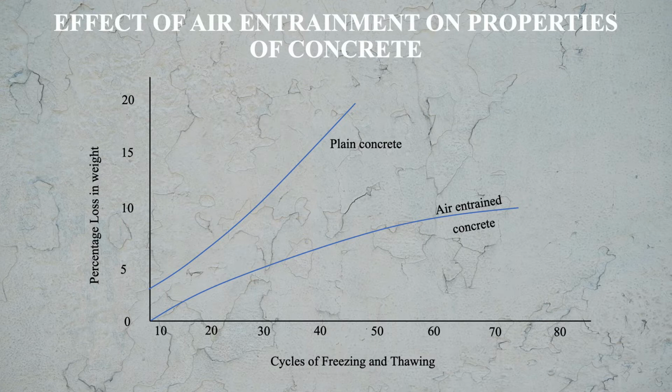On the x-axis, the number of cycles of freezing and thawing is shown, and on the y-axis the percentage loss in weight is shown. In this figure there are two curves. The upper curve is for plain concrete and the lower curve is for air entrained concrete.